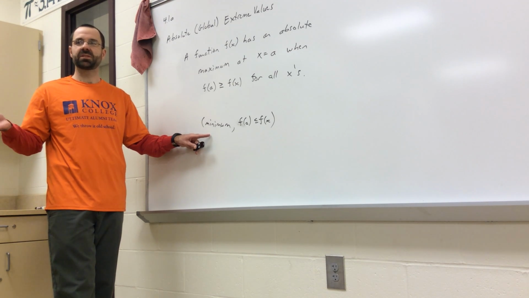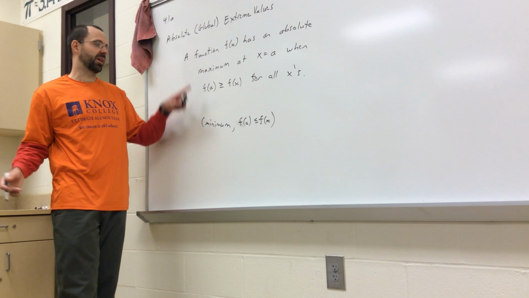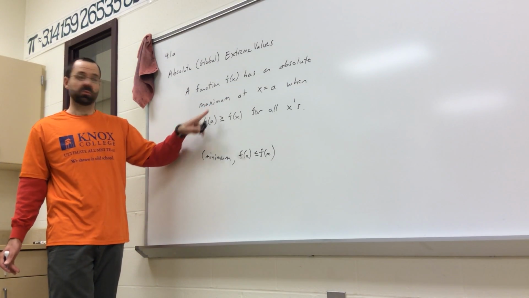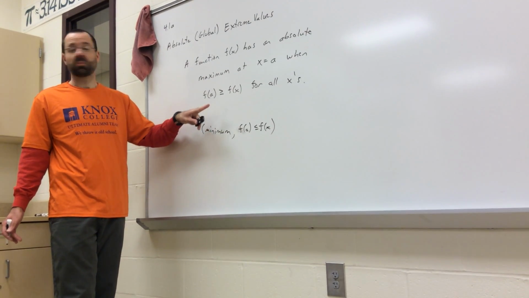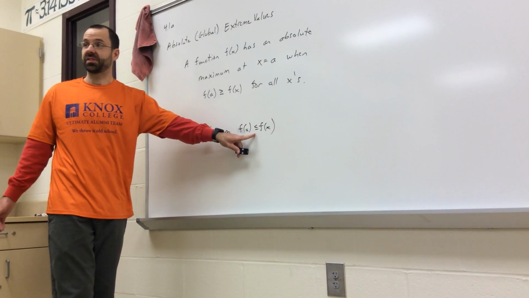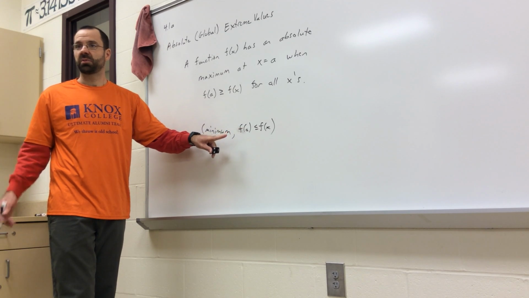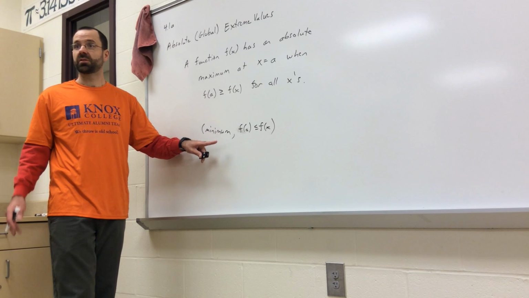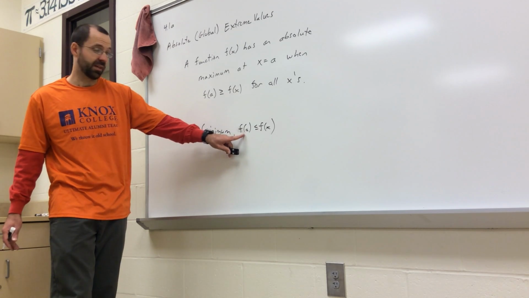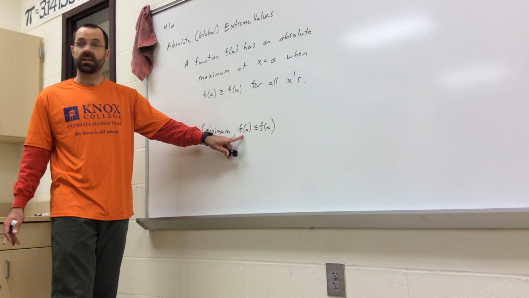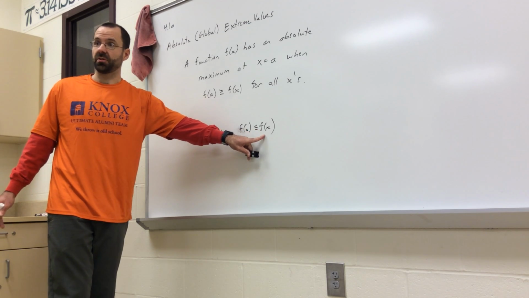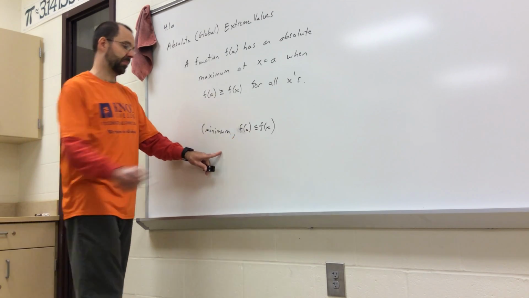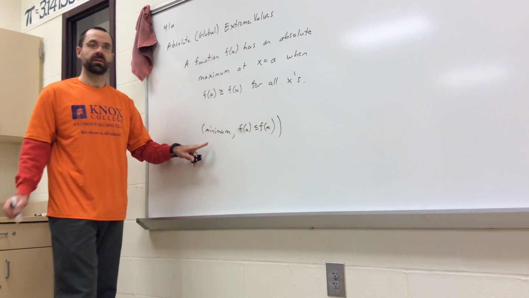If I was being very precise, I would write this whole thing down again, and I would just replace the word maximum with minimum, and the greater than sign with the less than sign. But it's the same idea, so we'll just save some ink and not write all that down. So really what's going on is this y value at a is less than or equal to all the other y values. So it's the lowest point. It's called an absolute min, or a global min.